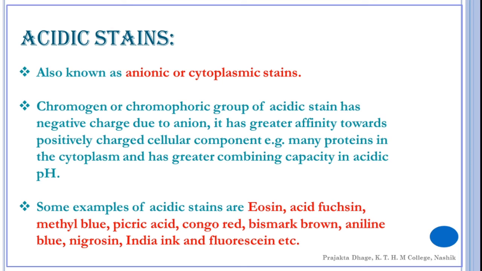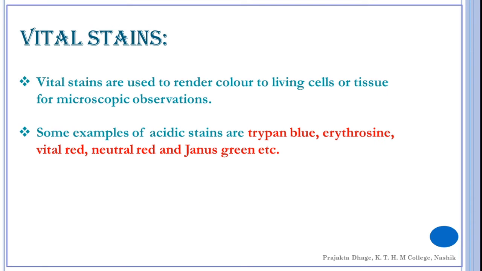Clear? Now coming to the last type of stain, which is referred to as the vital stains. Vital stains are used to render color to living cells or tissues for microscopic observation. These stains may be injected into a living animal, and the stained tissue is removed and examined, or the living tissue may be removed directly and subsequently stained.